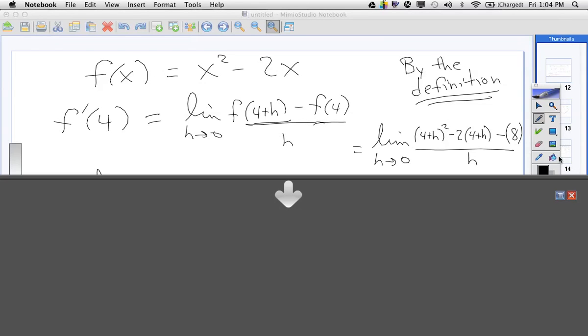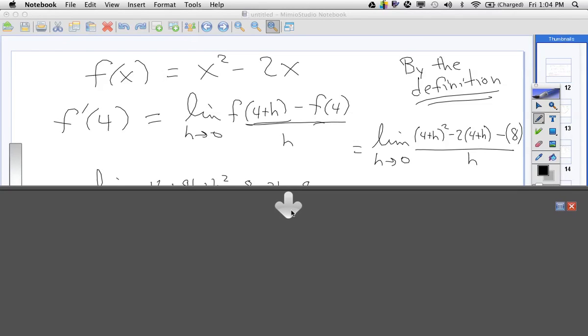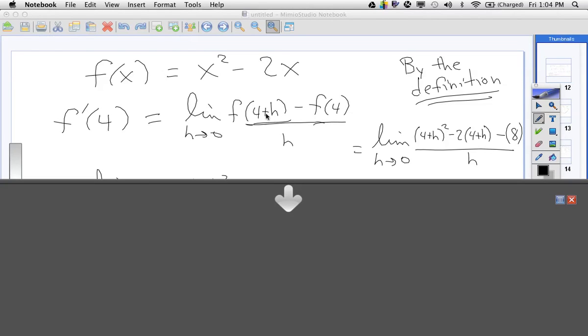Okay, so right here, we let f of 4 plus h mean plug a 4 plus h in for x. So 4 plus h there, 4 plus h there, that's what I've got there. And then we plug a 4 in, that'd be 16 minus 8, which is 8.